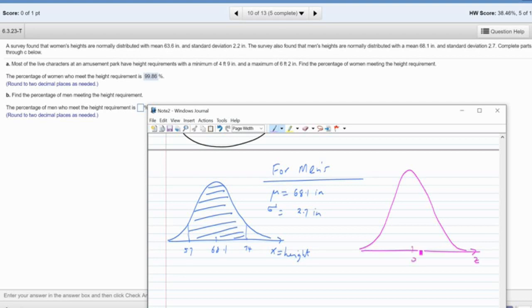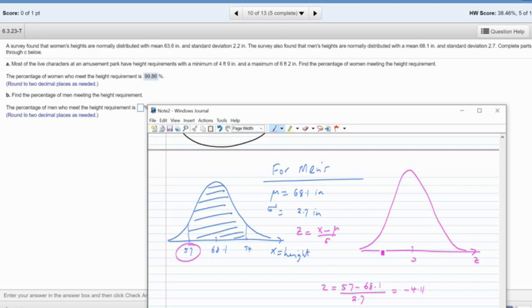As a reminder, you do that with x minus mu over sigma. First we convert 57: 57 minus 68.1 over 2.7, which is negative 4.11.